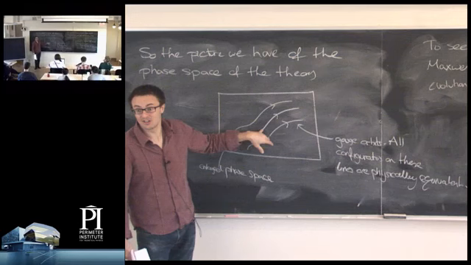So if we want to work with the theory, every single point on this line is equivalent to any other point because they're all related by this ∂_μ λ.